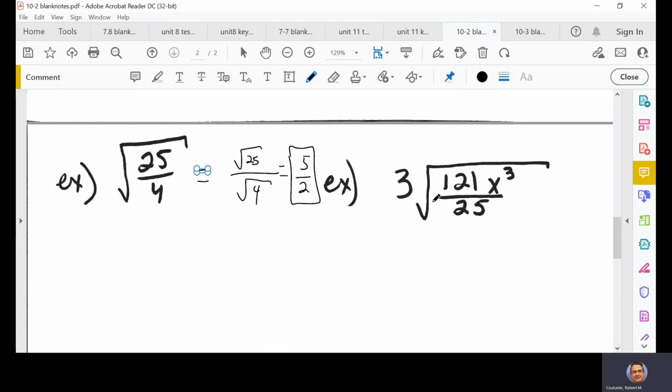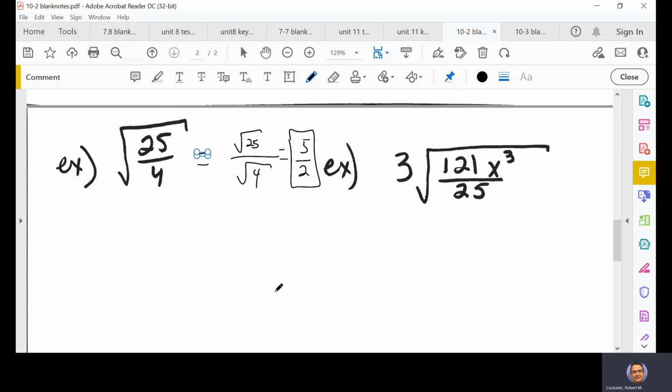You can do the same thing here. Right? Look at this. We could have the square root of 121 x squared x. I'm breaking it up as we go.